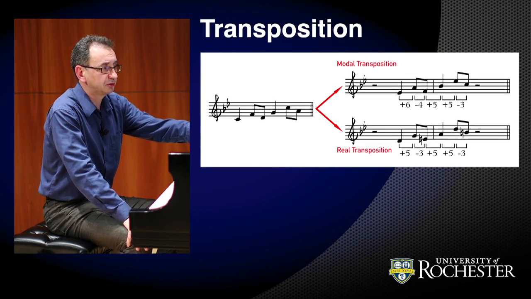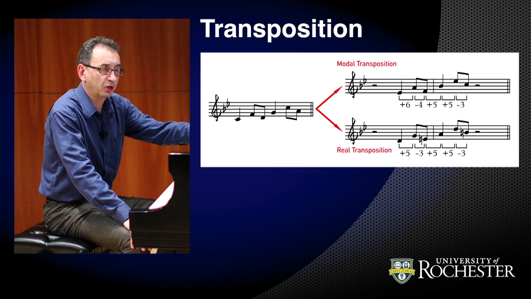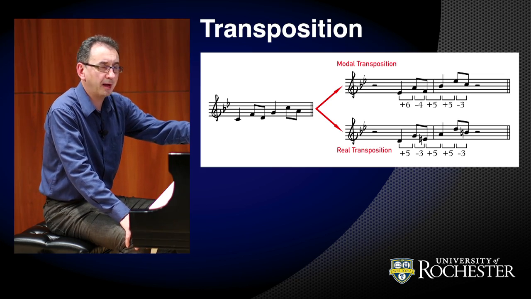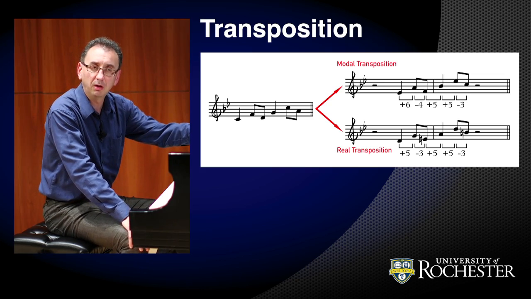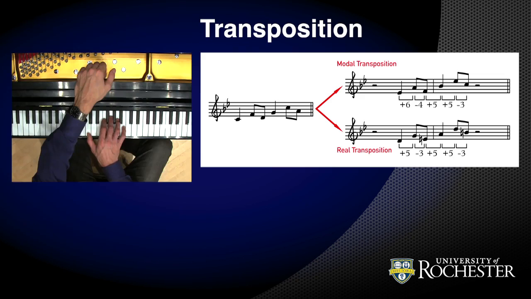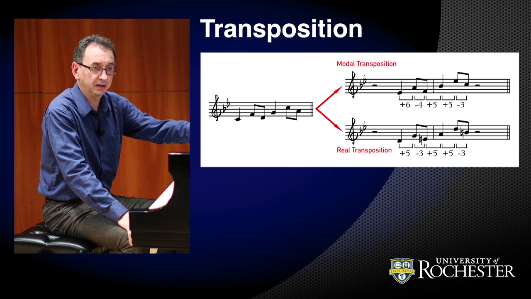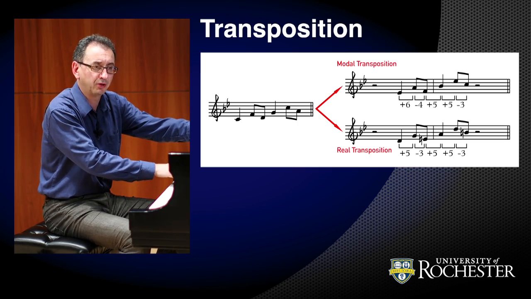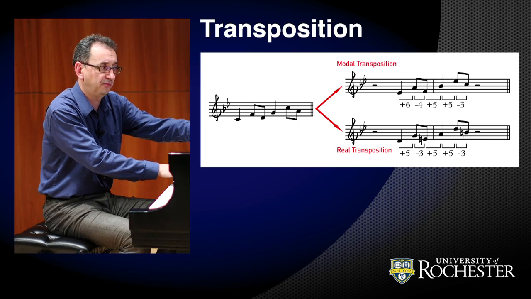Now, the transposition. The technique of transposition transfers the original motive to a different pitch level. There are two types of transpositions, modal and real. So if this is our original motive, and that motive is in C Dorian, upon transposition to a different pitch level, we have to preserve the underlying modality of the motive.